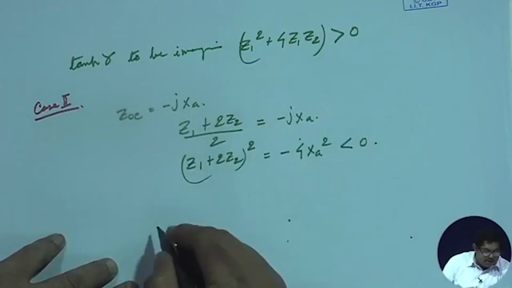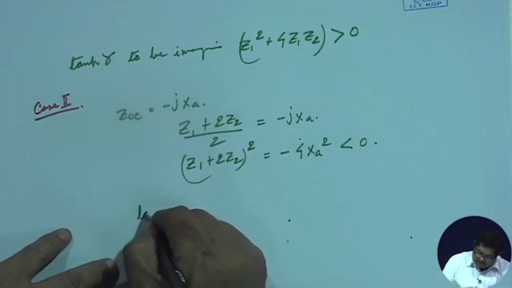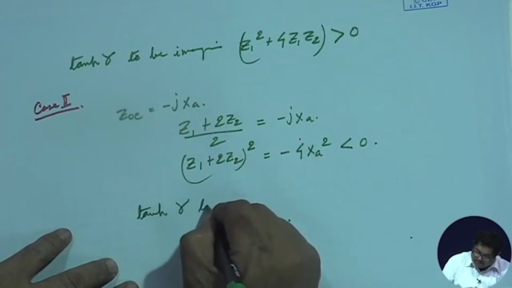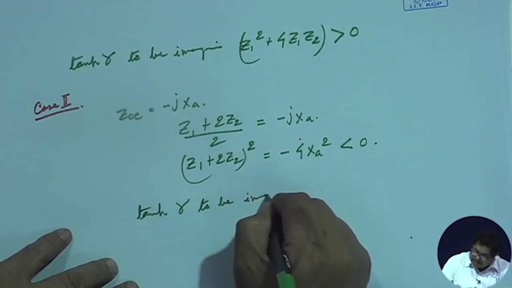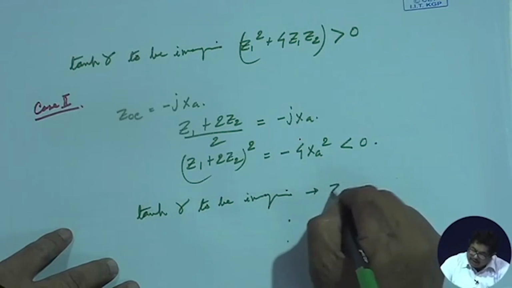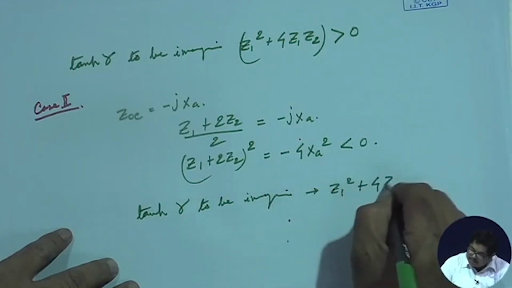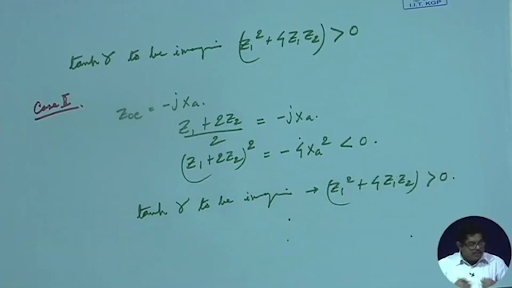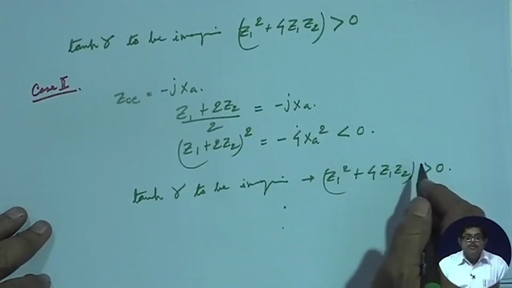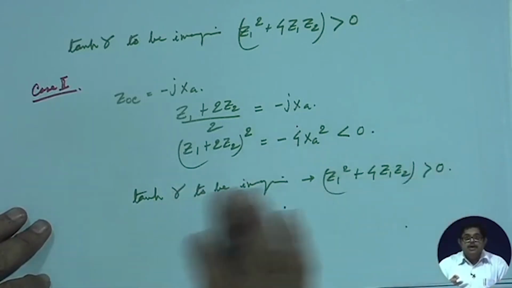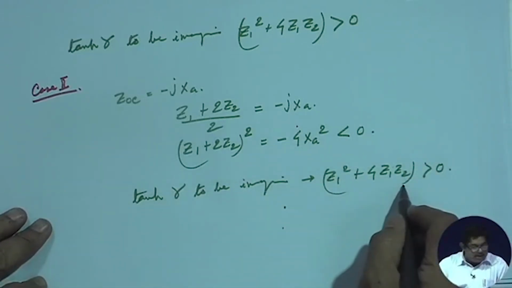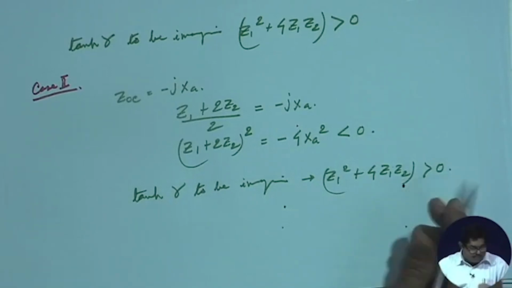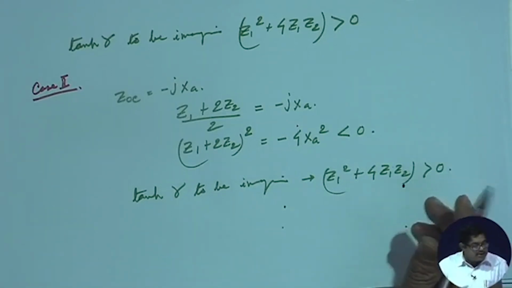So same condition: for tan gamma to be imaginary, we require Z1 square plus 4 Z1 Z2 greater than 0. So the condition in the passband, if we want passband without any attenuation, is Z1 square plus 4 Z1 Z2 greater than 0.